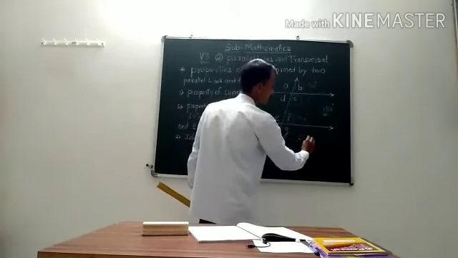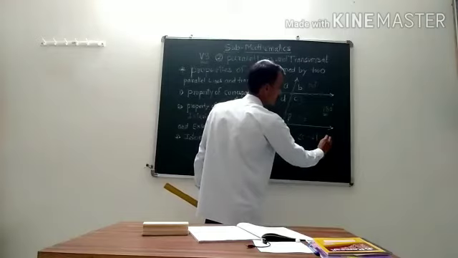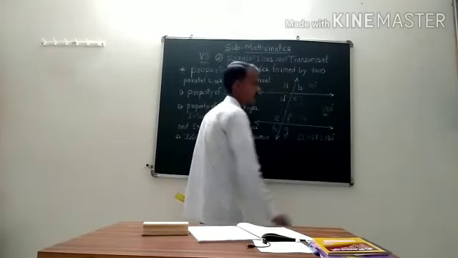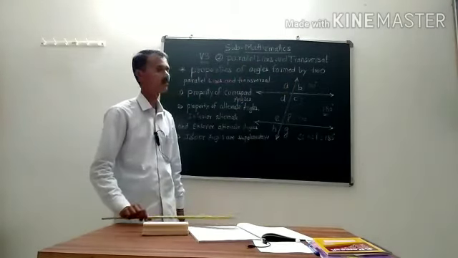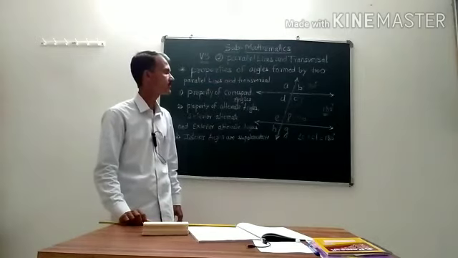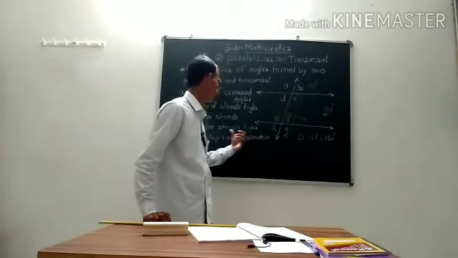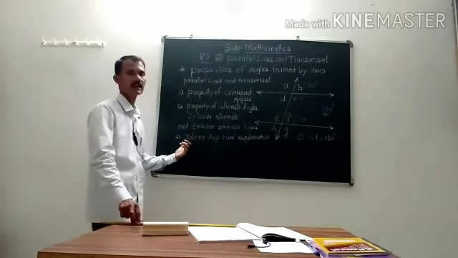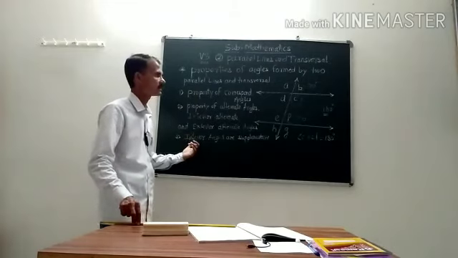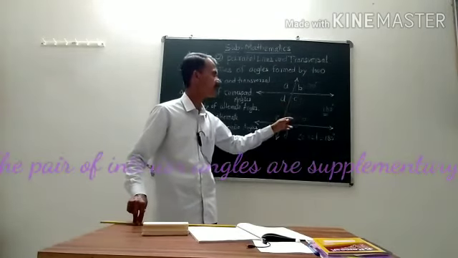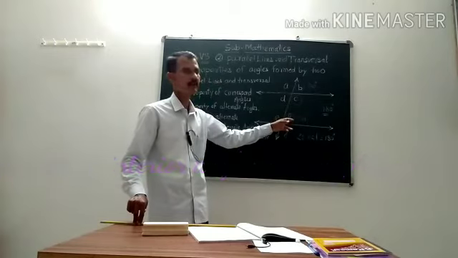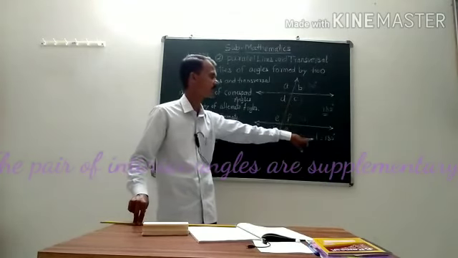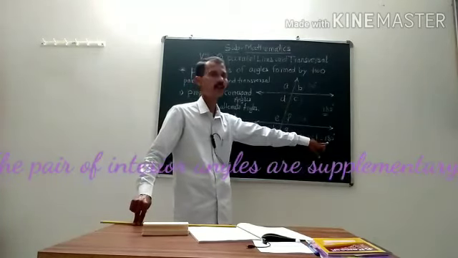Angle C plus angle F becomes 180 degree. Therefore, we can say that the property of interior angles is that the pair of interior angles are supplementary, that is, the measure of angle C plus measure of angle F is 180 degree.